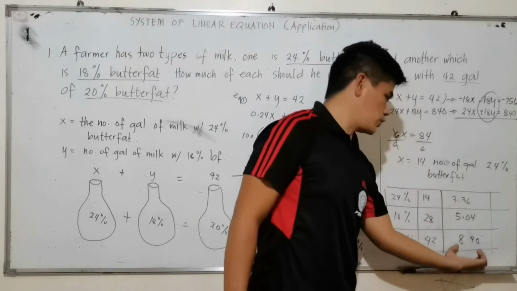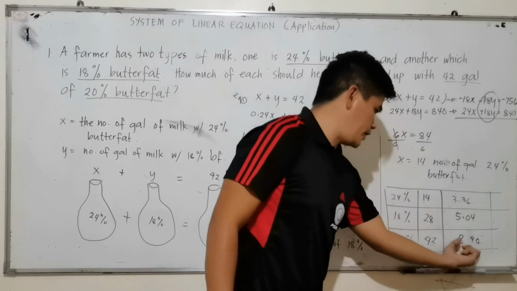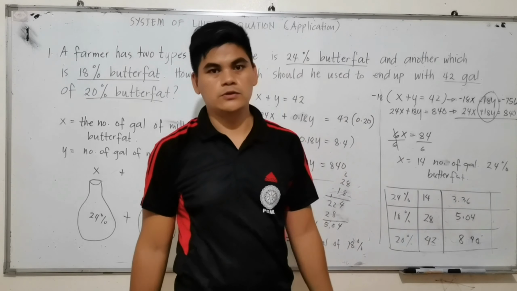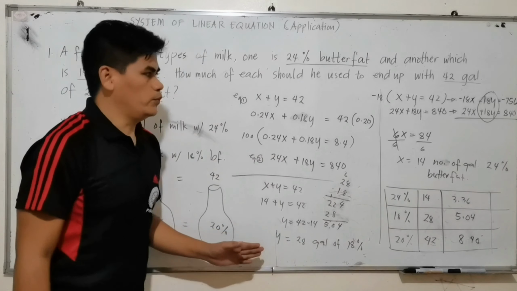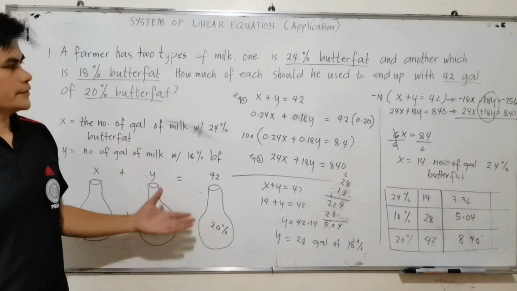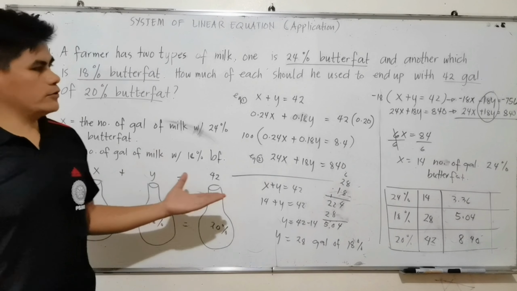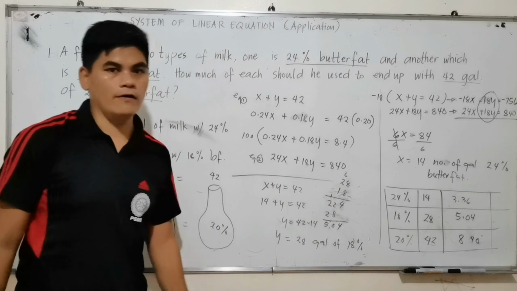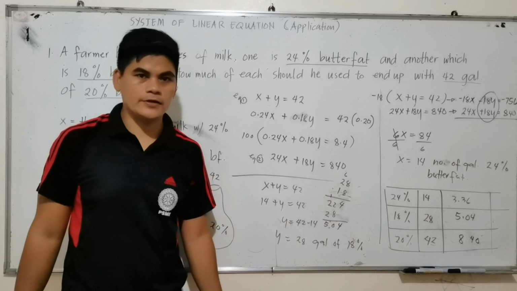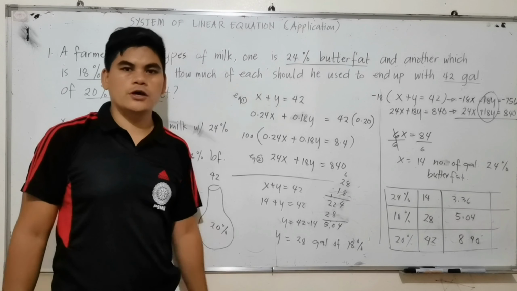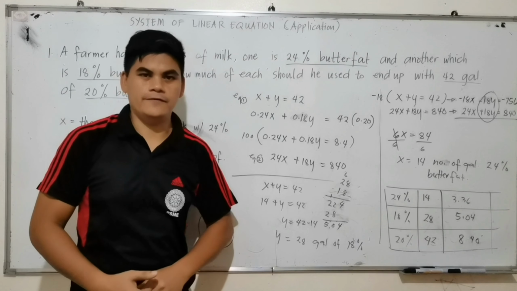If we solve, 8.40 is the 20% of 42. So now we are done with the problem of how many gallons of 24% butter fat and how many gallons of 18% butter fat to end up with 42 gallons of 20% butter fat. So that's it.